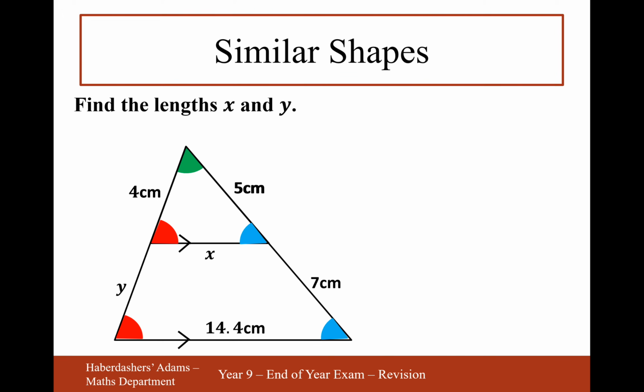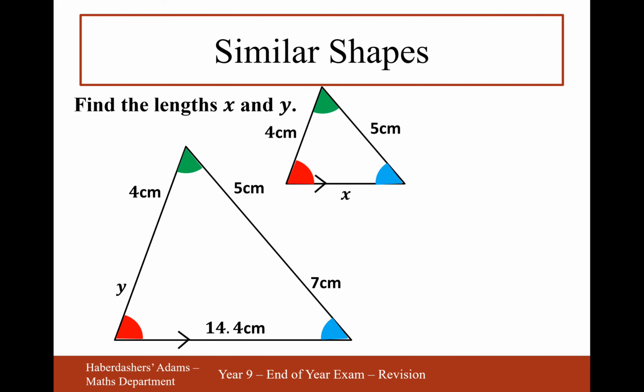So let's put that back and see it again. I've got 4 and y here, 5 and 7 here, but when I split them up, this side now becomes 4 plus y, and this side here now becomes 12, because it's the side of 5 plus 7.